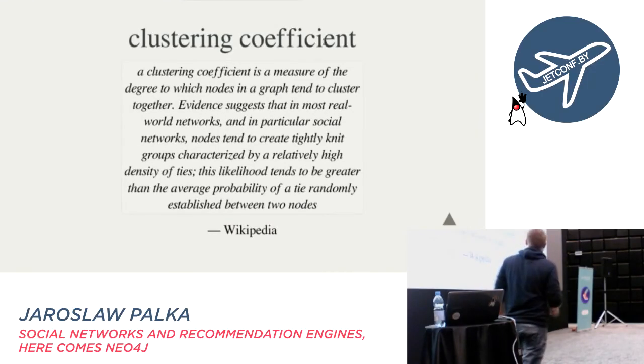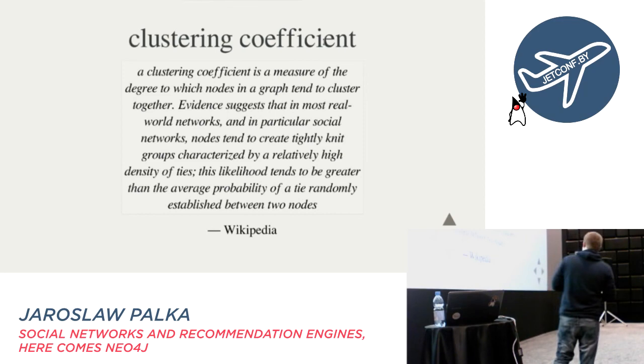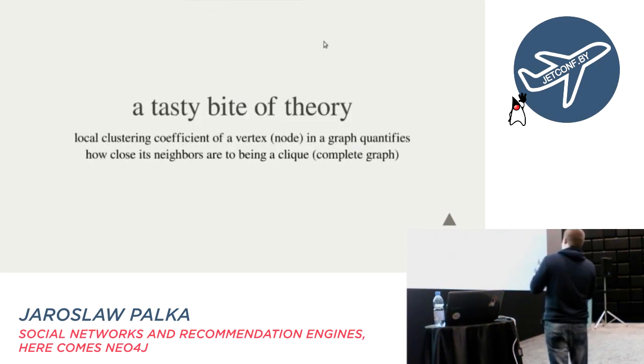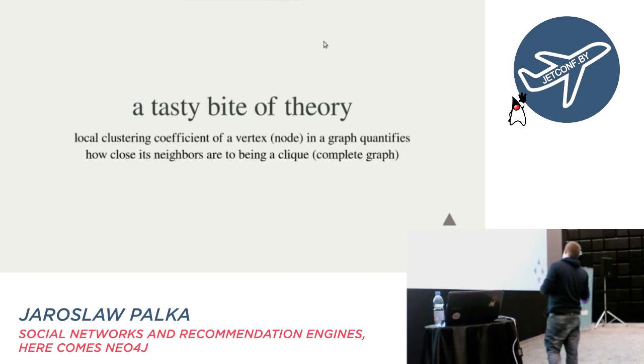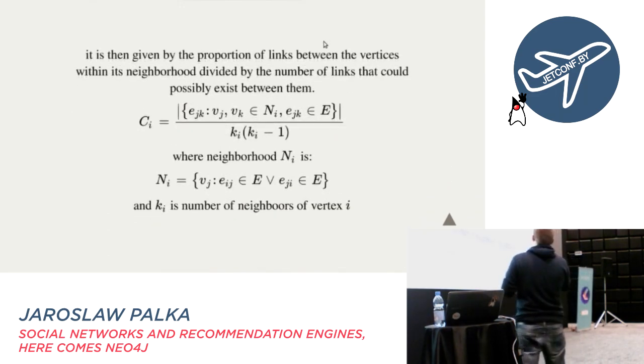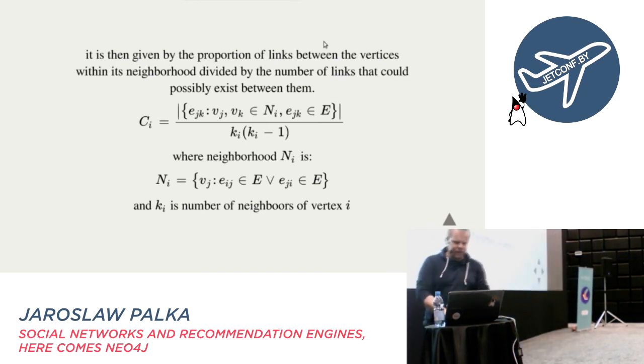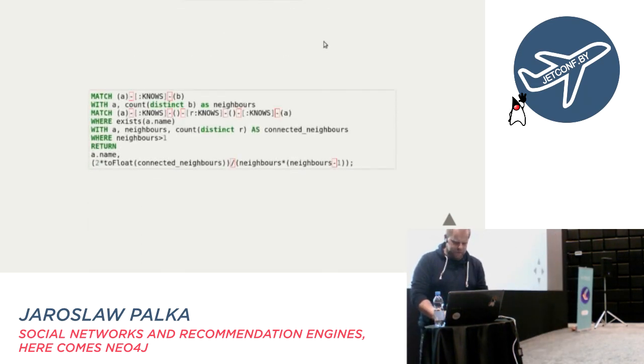We can use the clustering coefficient, and I'll do it really fast. Clustering coefficient is the number of connections between the neighbors compared with the number of all possible connections. So it says how close the graph is to a clique. This is the math behind it. You read it as poetry. But the query is like this.